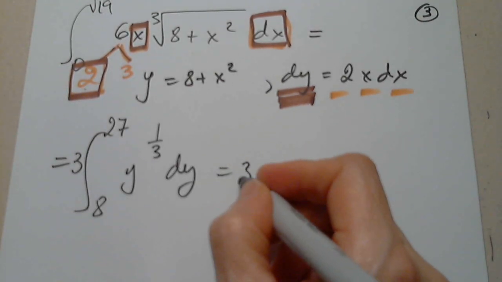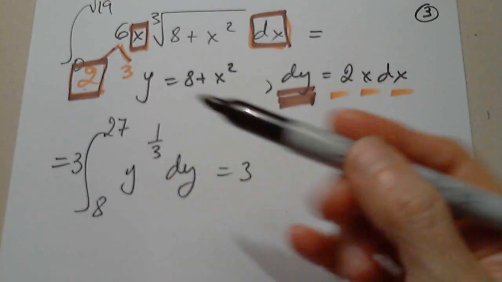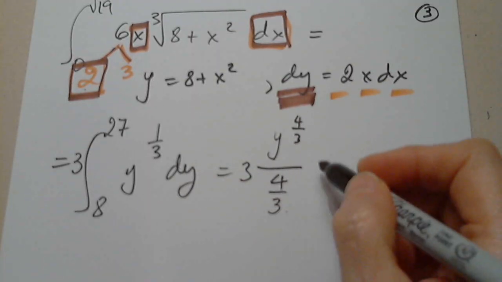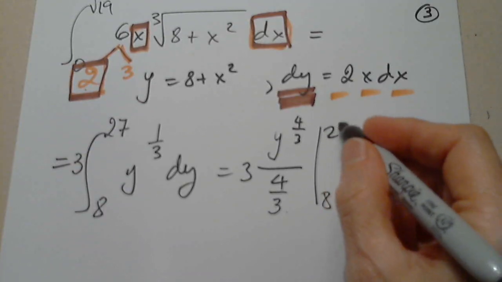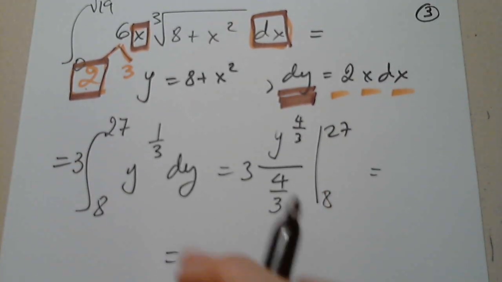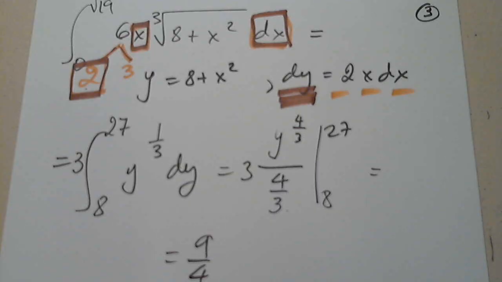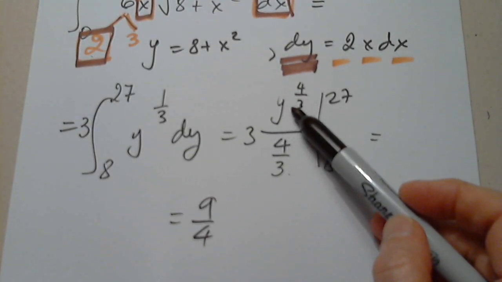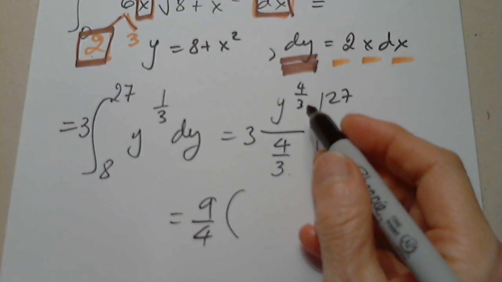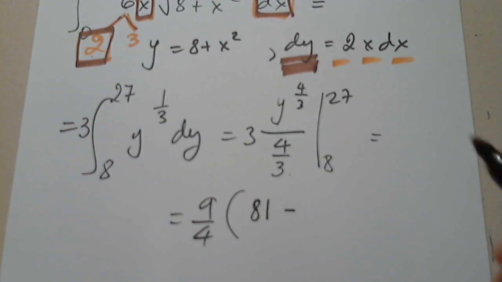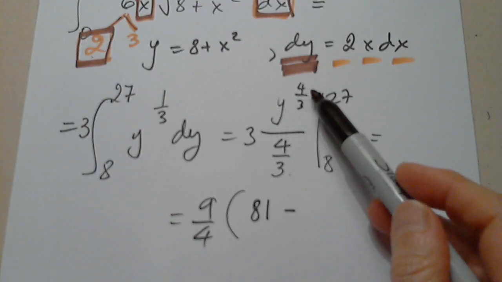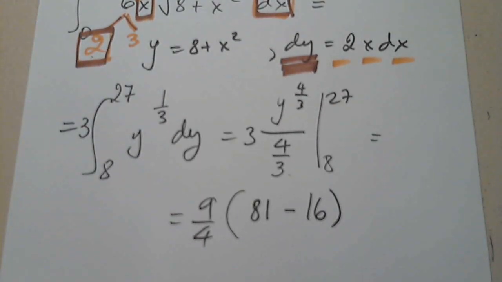So then we have 3. I increase the power by 1, so I get y to 4/3. I divide by the same thing, and I go from 8 to 27. I flip, I get 9/4. When I plug in 27, I will apply the cube root first. So this is 3 to the 4th, which is 81, minus. I take the cube root of 8 first, so it's 2 to the 4th, which is 16.